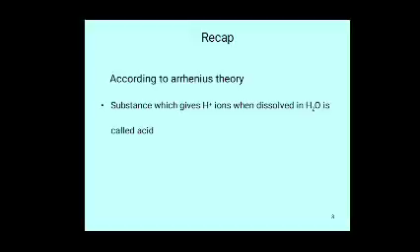For example, HCl, H2SO4, HNO3, CH3COOH, H2CO3, these all are acids.